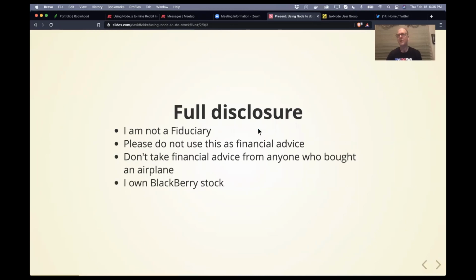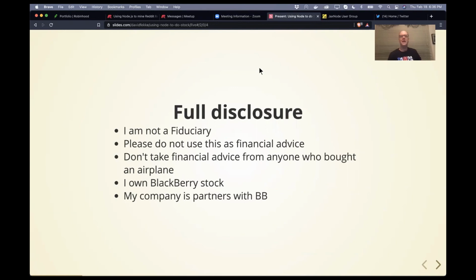I also own BlackBerry stock, and that's one of the things I thought was interesting about this whole thing: one of the stocks being promoted on WallStreetBets was BlackBerry. As part of my disclosure, I've owned BlackBerry stock for a couple of years. One of the reasons is that my company is partnered with BlackBerry. We're also partners with Salesforce, so we do a lot of engineering work with them and use a lot of their software.